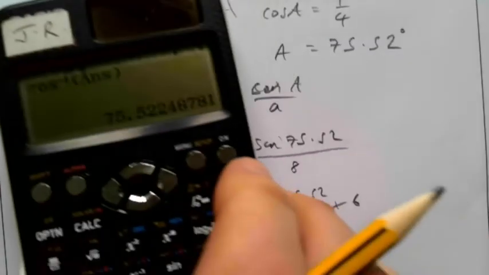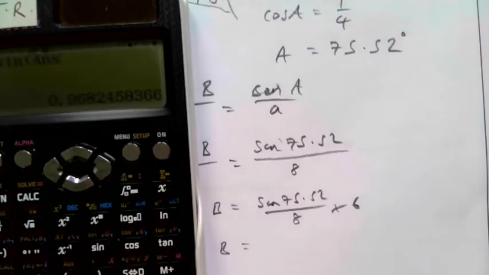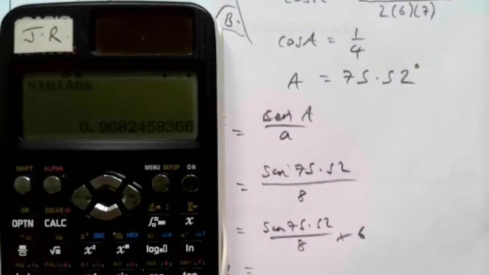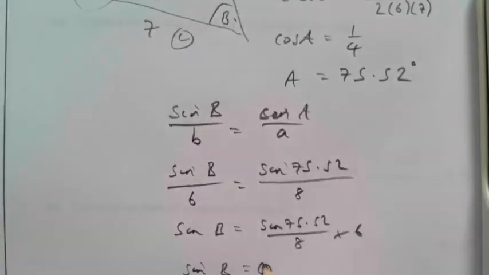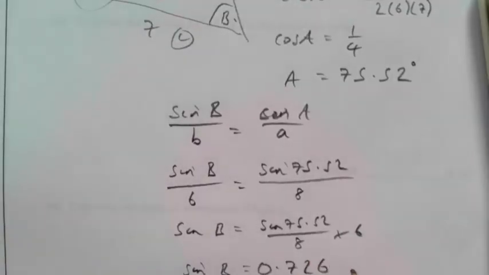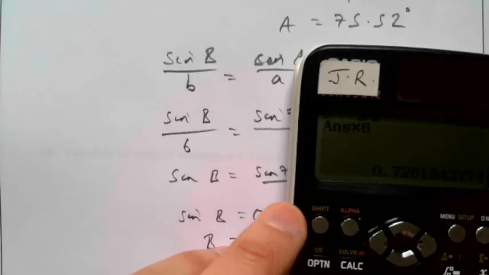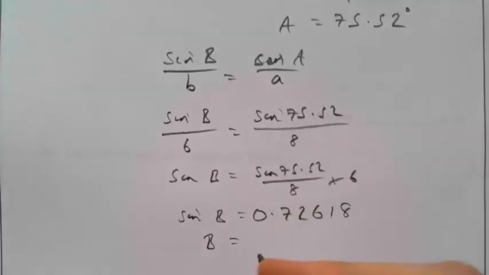So I still have the number in my calculator here, so if I take the sine of the answer, I get that. I'm then going to divide by 8 times by 6, 0.7268, and then I do sine to the minus 1 here. And I get 46.57.